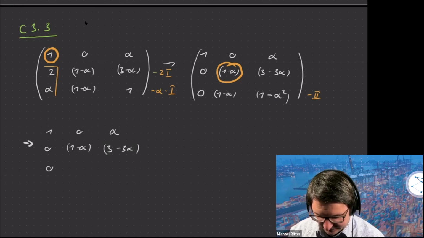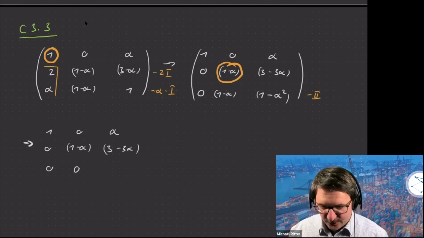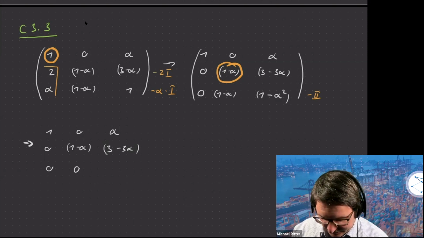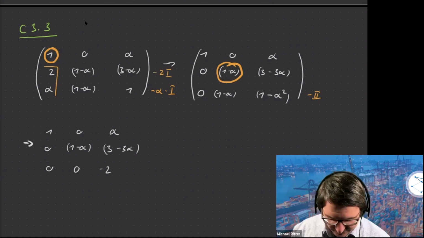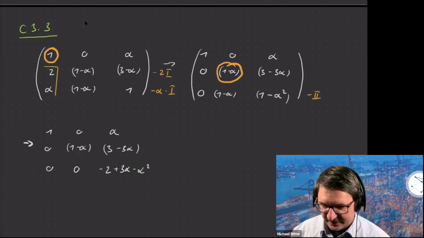Here we get 0. Then we have 1 minus alpha squared minus 3. So that's a minus 2 plus 3 alpha. And we keep the 1 minus alpha squared. Yes, that should be the right one.